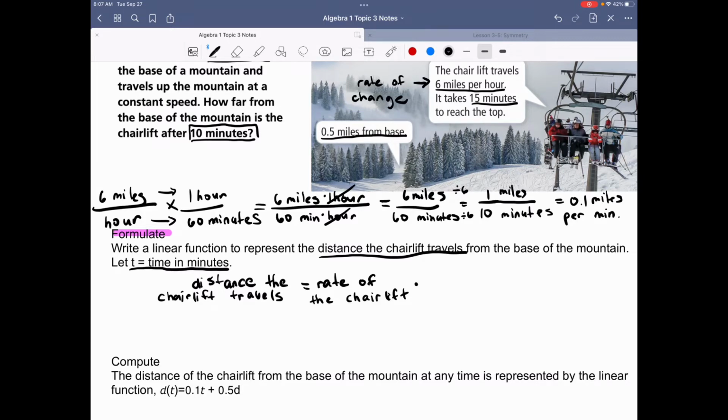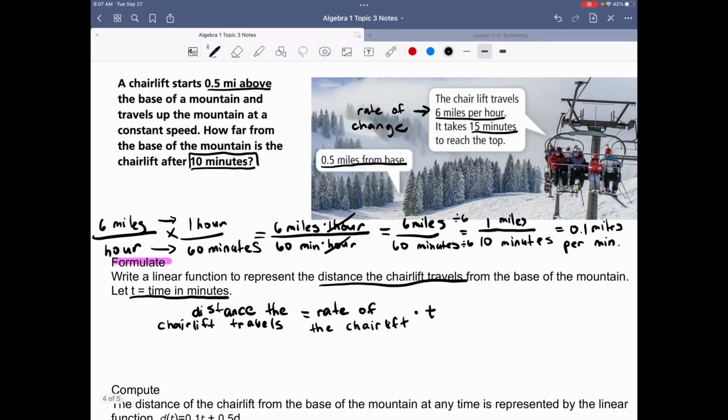So time in minutes is t. And we also need to take account that the chairlift started 0.5 miles from the base. So that's kind of like our y-intercept. This is the plus sign, so 0.5.